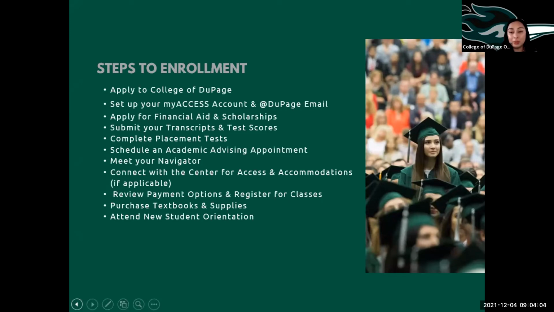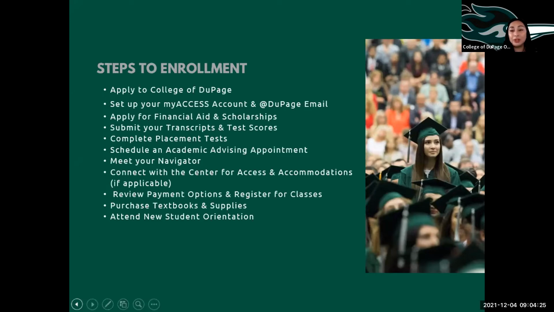Testing and placement tests will allow you to meet with a counselor who will help you pick out your classes during your time at COD. And there will be navigators assigned to you based off of your areas of study that will be able to help you navigate the whole time you're here at COD.